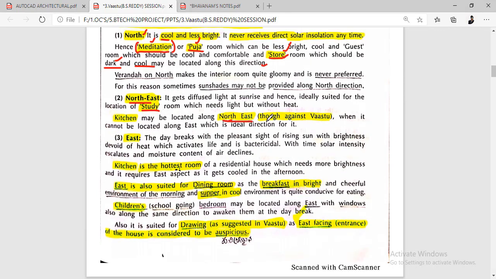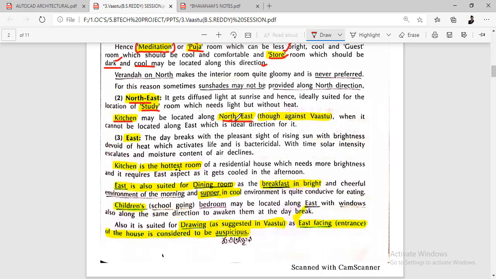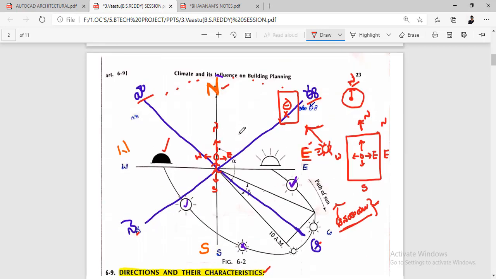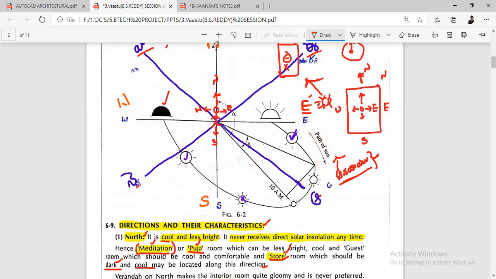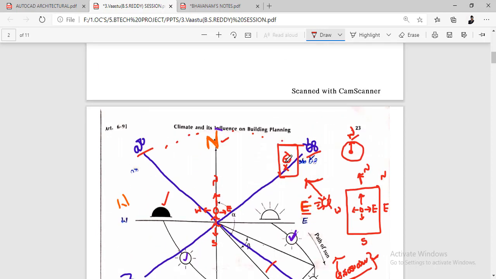And if you come to the northeast, against Vastu, the kitchen may be located in the northeast. So why are we providing the kitchen in the northeast? See, this is the northeast.